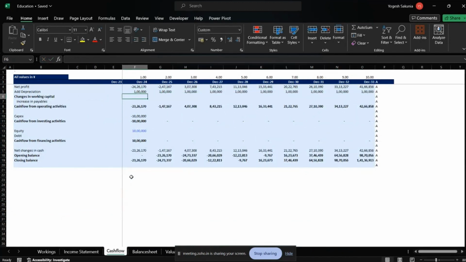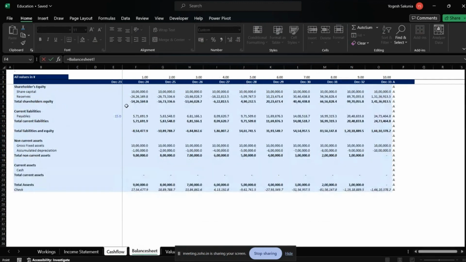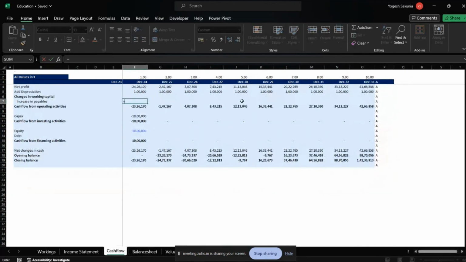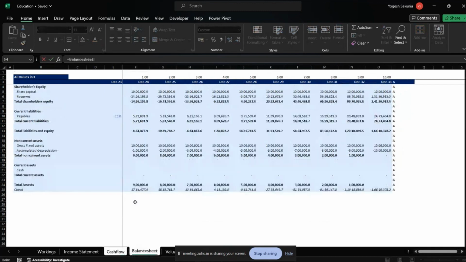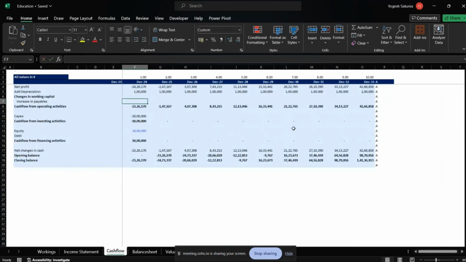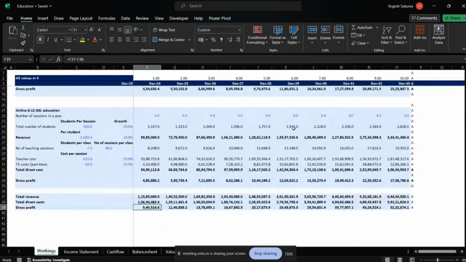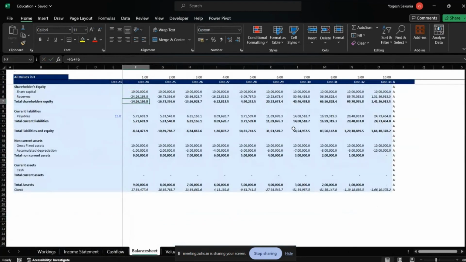We need to get the working capital changes, and we only have one item there, payables. So let's go to the balance sheet, and here in the first year, let me move this here.